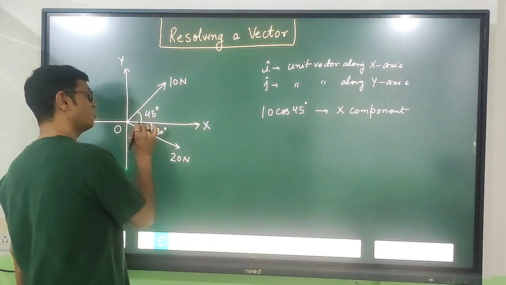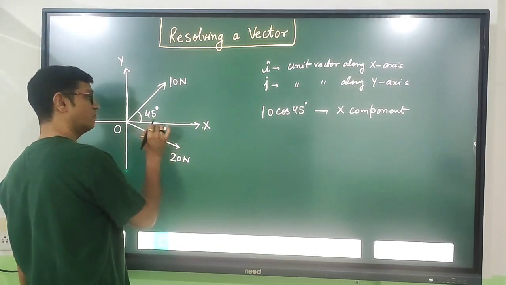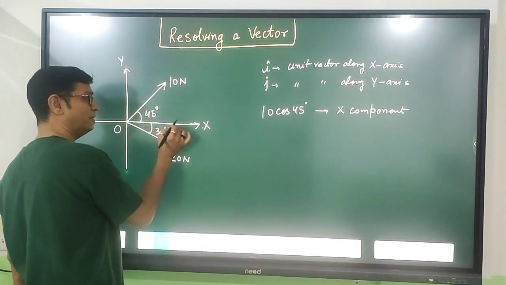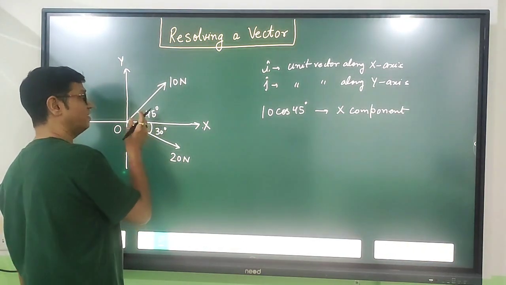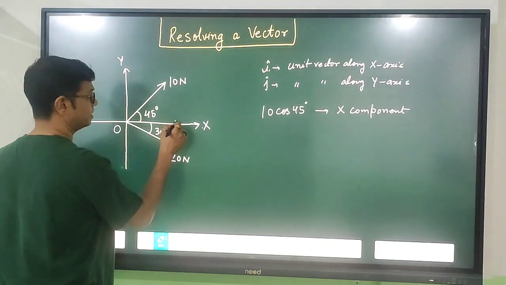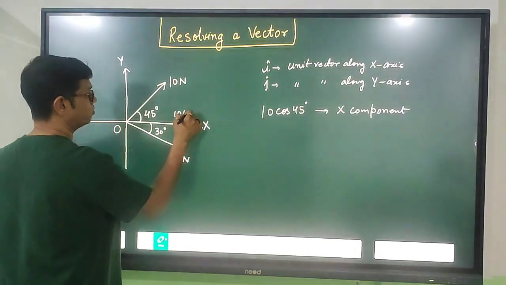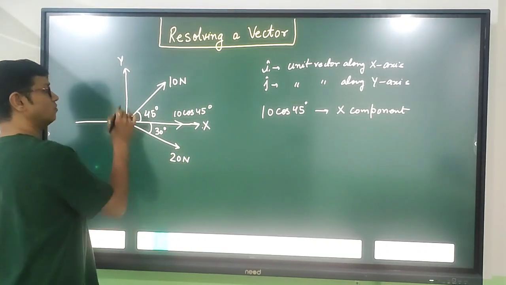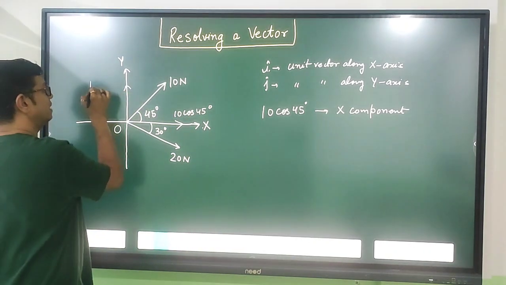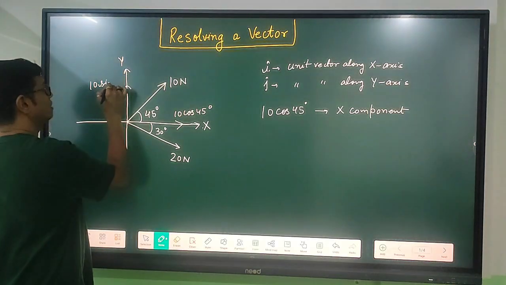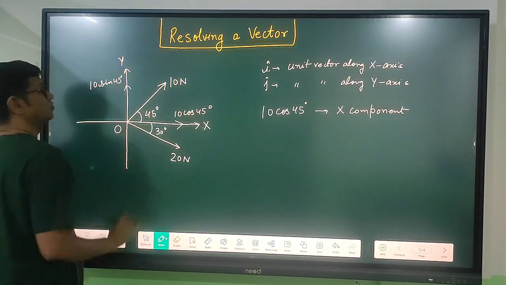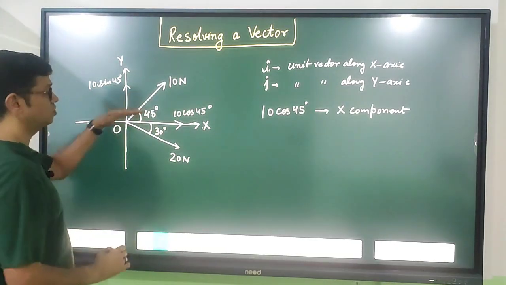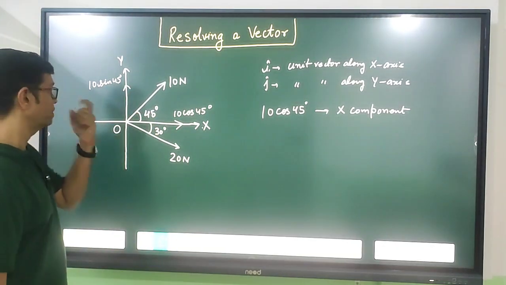Again I am repeating, from the axis from where the angle is given, it will be 10 cos 45. Now along the y-axis, this will be 10 sin 45. So the other one becomes sin and this one becomes cos.